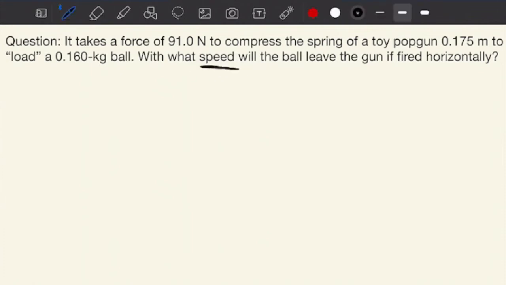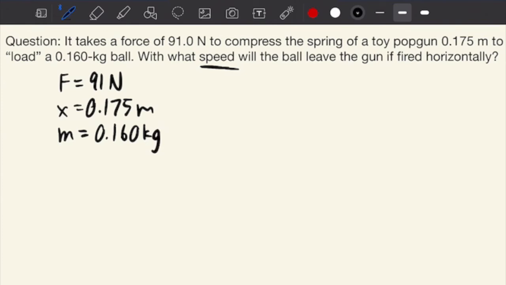But in order to solve that, we have to first label out the given variables, which over here, they have given us the force, the distance, and the mass, which I will write here first.